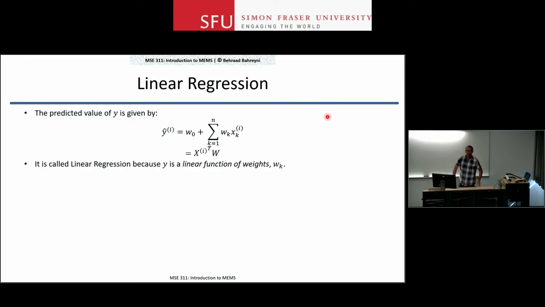Now, we call it linear regression because your function is a linear function of W's. We don't care about X's here. It's a linear function of W's. If you look at that, I only have the first order of W0 to Wn. As long as you have that condition, it is linear regression. You can have a polynomial of order, I don't know, n here.